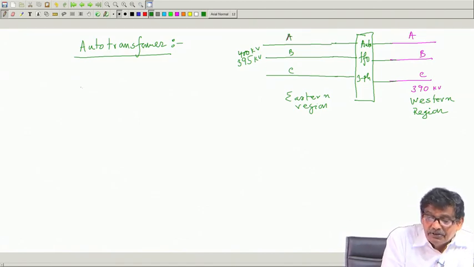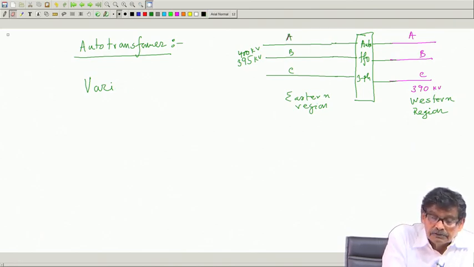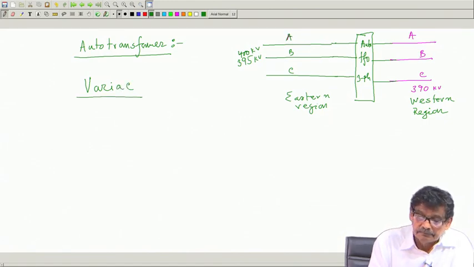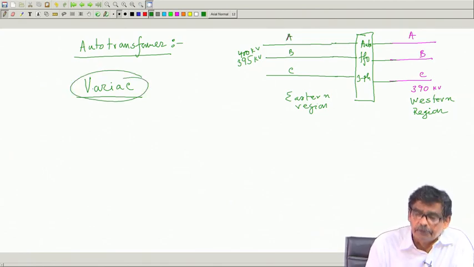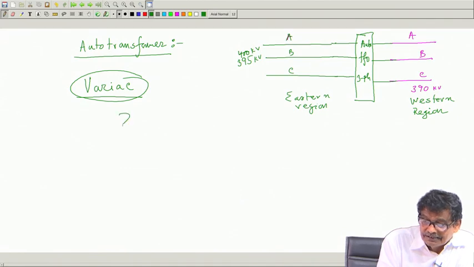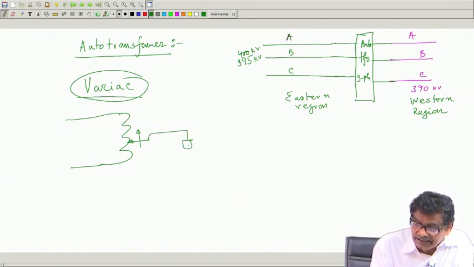Now, another thing you have used in the laboratory, which is called a variac. In the laboratory you must have used it to carry out experiments. It is drawn like this, and this tapping point you can move, adjusting it anywhere you like, and you can supply your load at various levels of voltage.